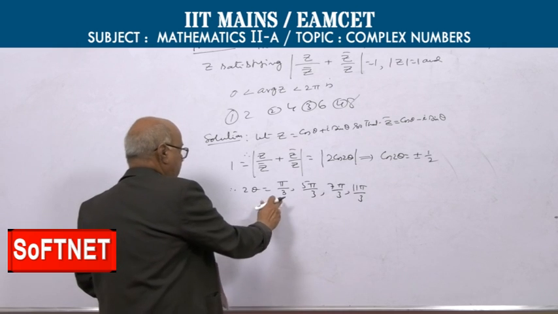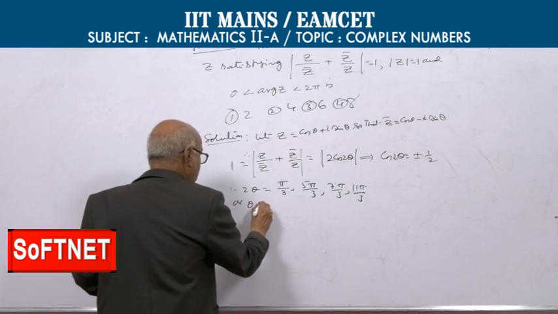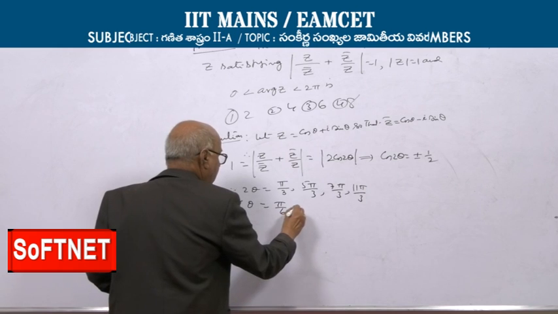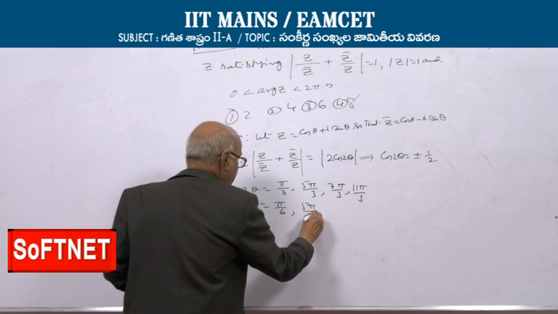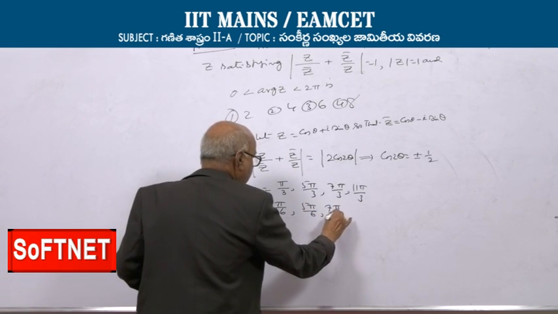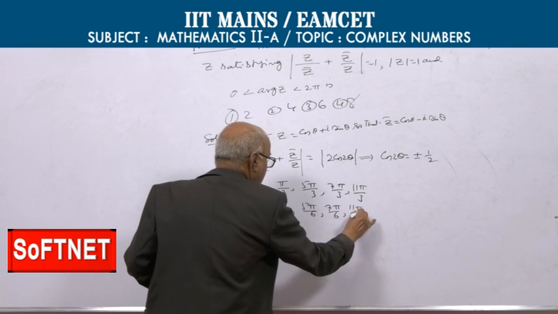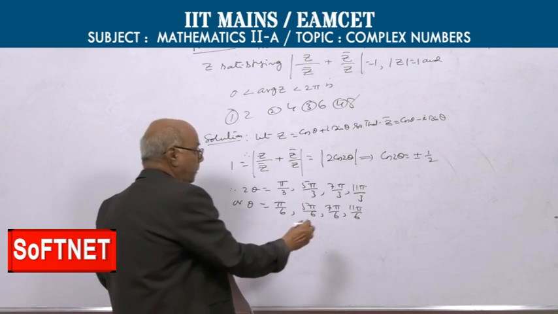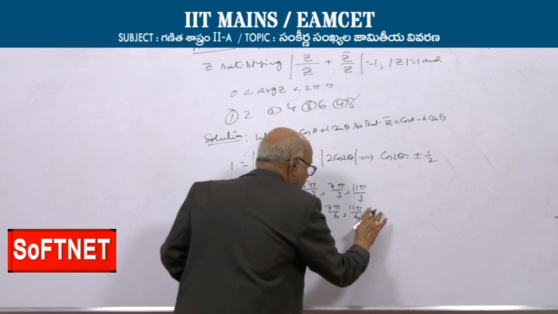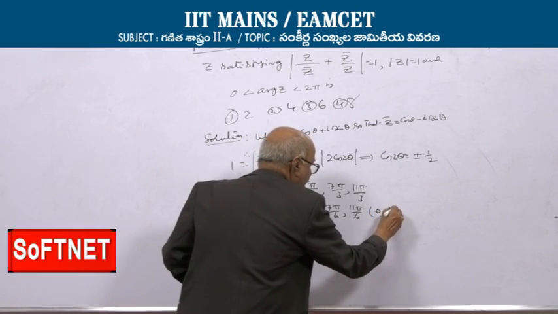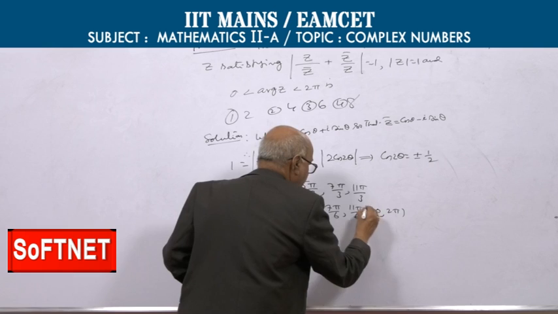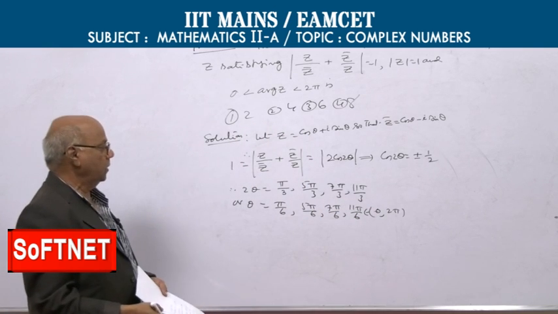So theta is equal to pi by 6, 5 pi by 6, 7 pi by 6 and 11 pi by 6, and all these 4 values belong to the interval 0, 2 pi.